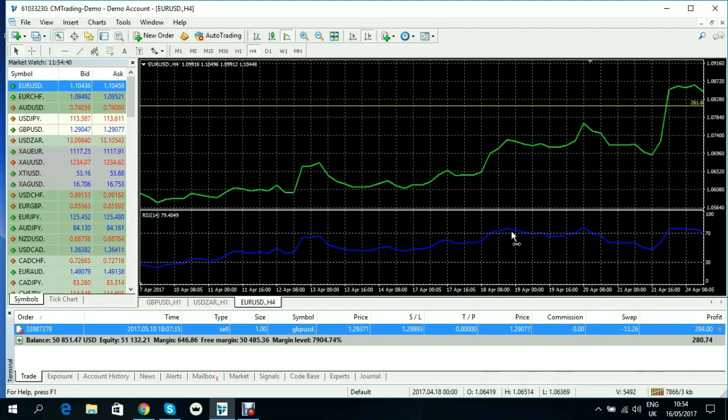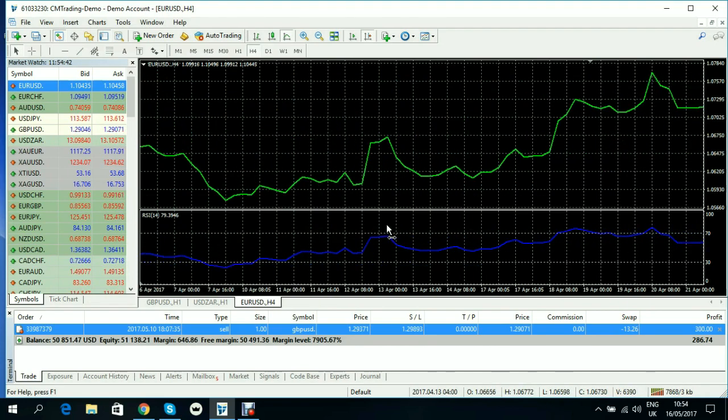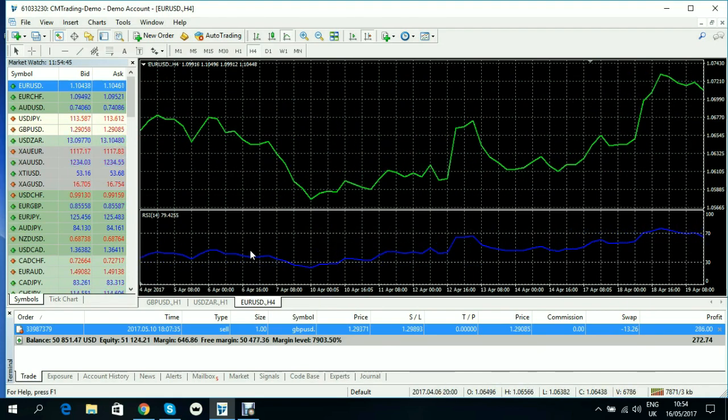For example, let's look at a clear example here. When RSI moves below 30, what happened after that? When it moved below 30, it showed oversold. Then after that, it started to move upward.